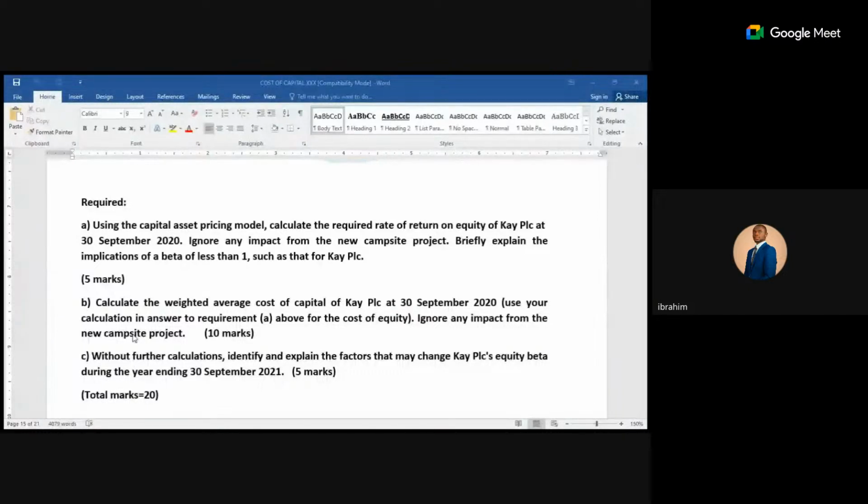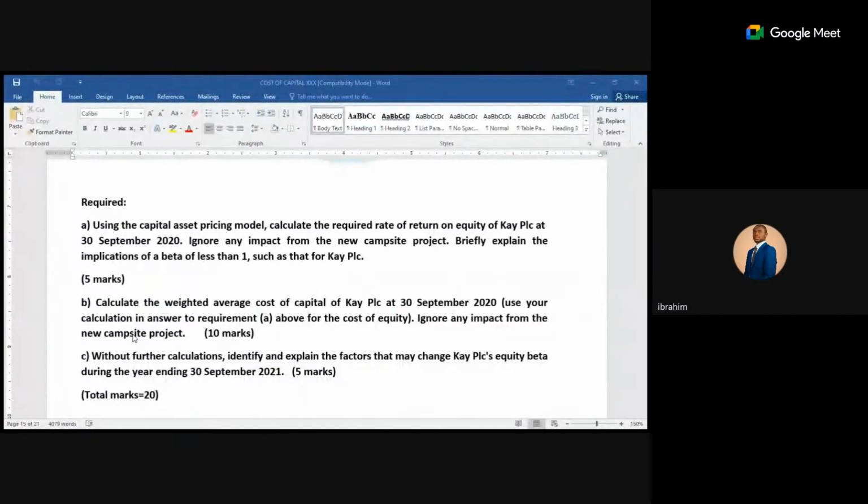Using the capital asset pricing model, calculate the required rate of return on equity. If you remember, at the beginning of our lecture on cost of capital, the cost of capital is divided into 2, equity and debt. Under equity, we have the dividend valuation method, the capital asset pricing model, and then Modigliani and Miller.